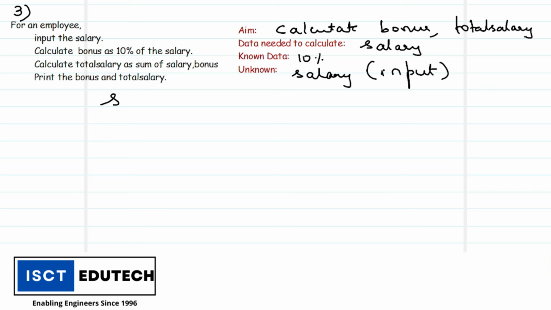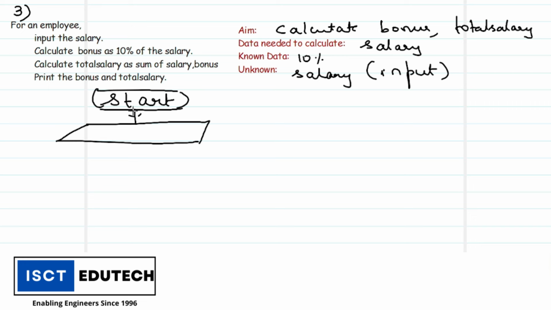Let's see the flowchart. Start. What is not known? Salary. That becomes the input. Input sal. I'm taking the variable name as sal. Bonus equals 10%. 10% can be written as 10 by 100 into sal or 0.1 into sal.